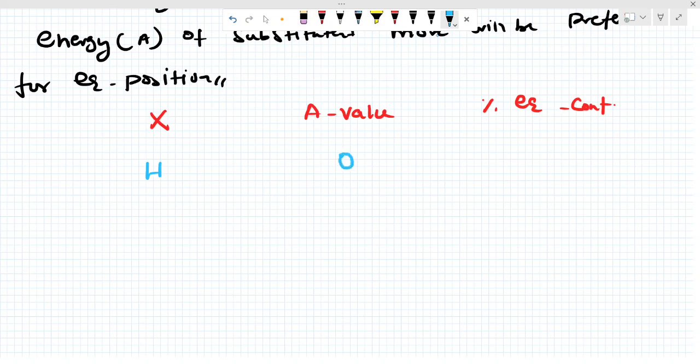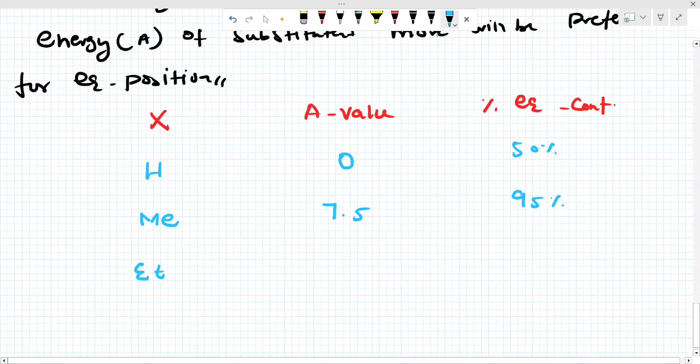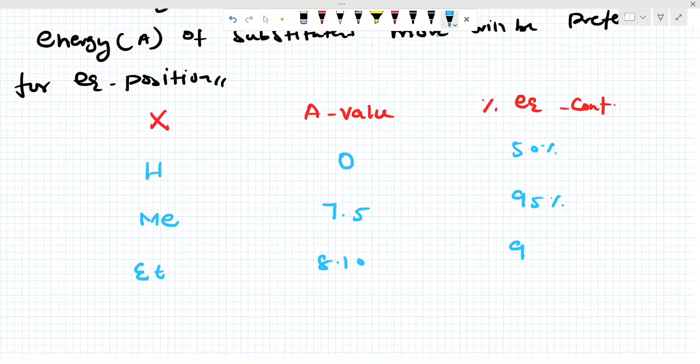Therefore, there is a 50% chance of occupying the equatorial position. Then methyl group: what is the A value? 7.5. Therefore, 95%. Please note. Then ethyl group: what is the A value? 8.10. Therefore, this is 96%.